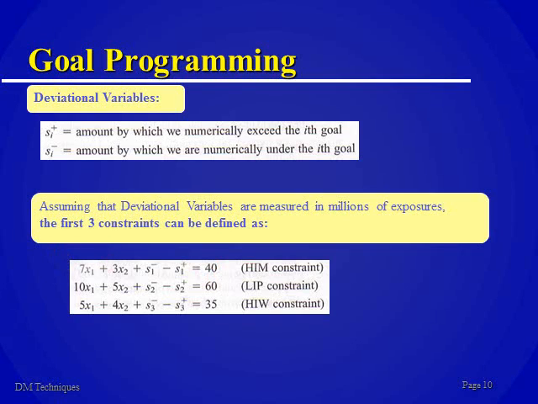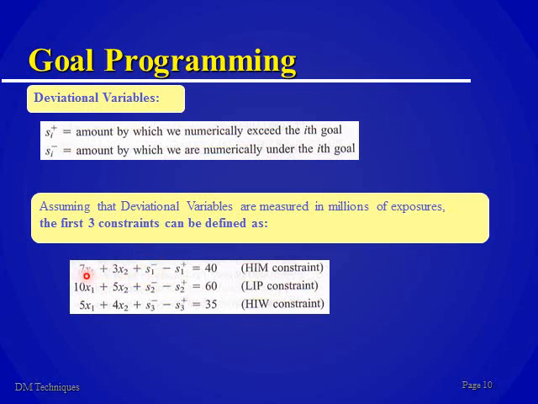Previously, with the inequality, if we were not able to meet that greater than or equal, we would have an infeasible solution. Now we're always going to find a feasible solution because of these deviational variables. If we were under this goal, we're going to have a value associated with the s sub 1 minus parameter.